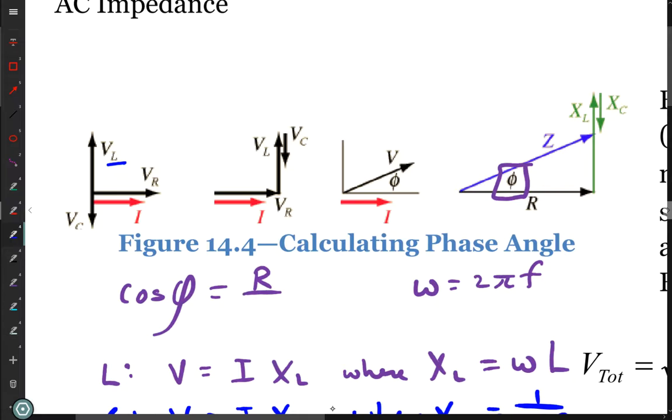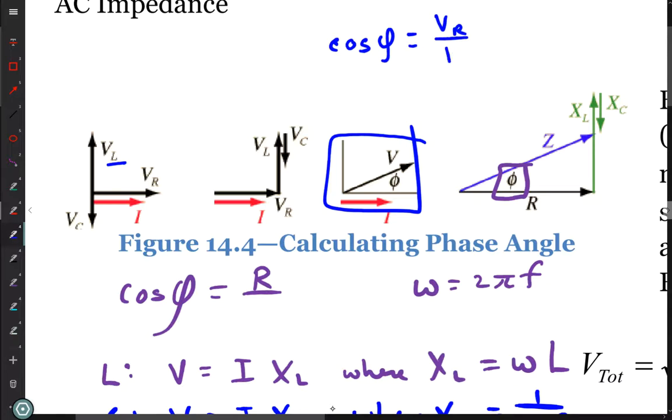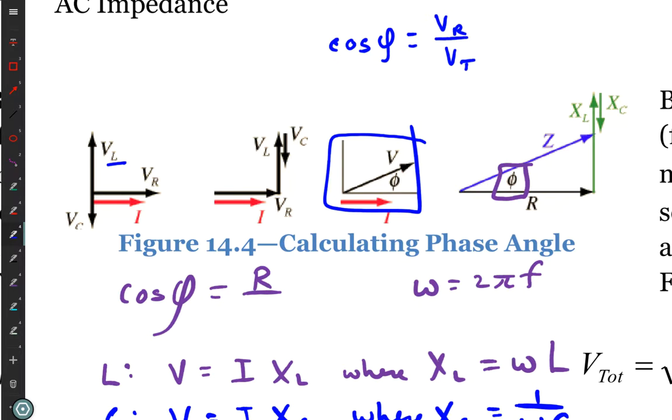We could have also used this graph here to find phi. In this case, we would have had cosine of phi is equal to the voltage across the resistor divided by the voltage total. Because the voltage total was the hypotenuse, and the voltage across the resistor was horizontal.